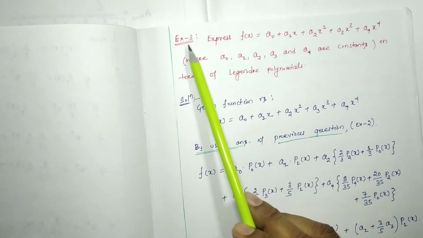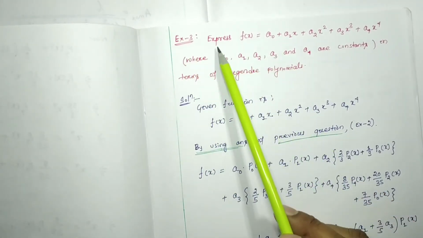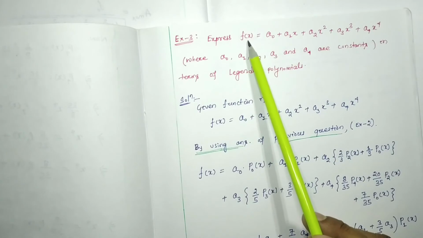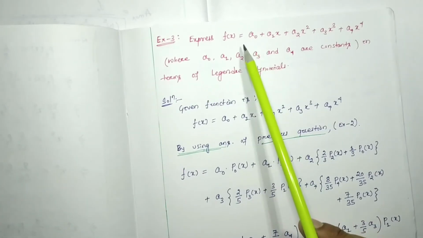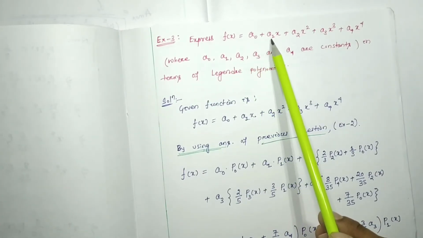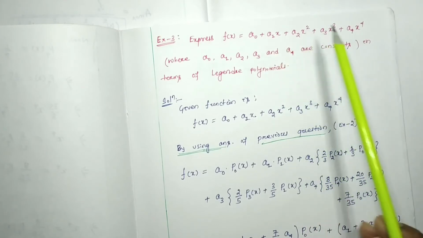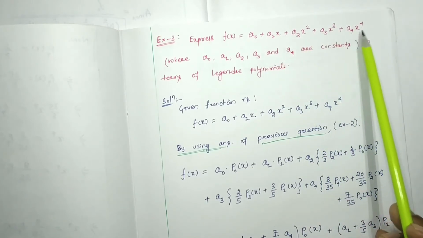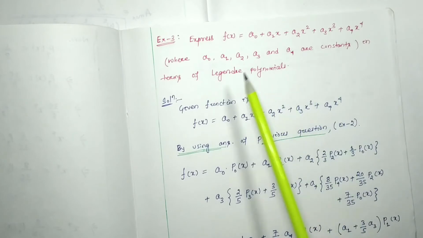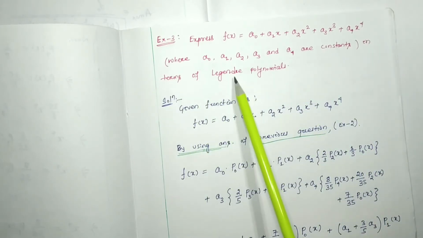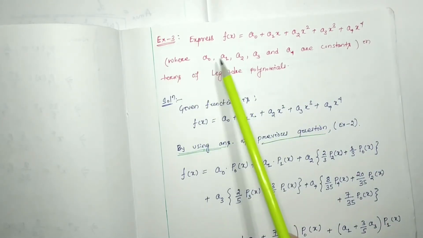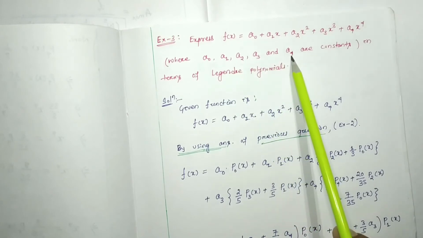Question number 3, that is example number 3: express f(x). One function has been given, a0 plus a1x plus a2x square plus a3x cube plus a4x to the power 4, in terms of Legendre polynomials, where a0, a1, a2, a3 and a4 are constants.